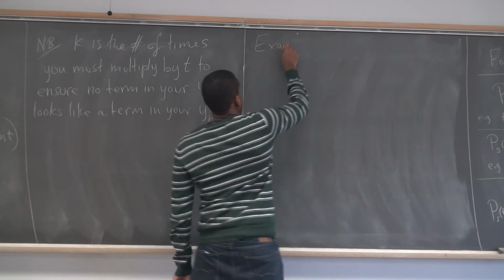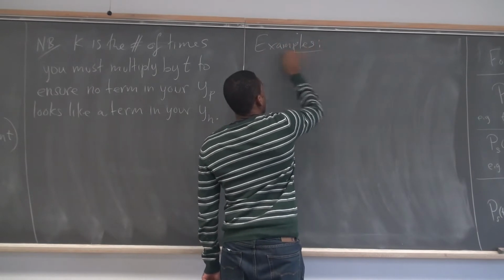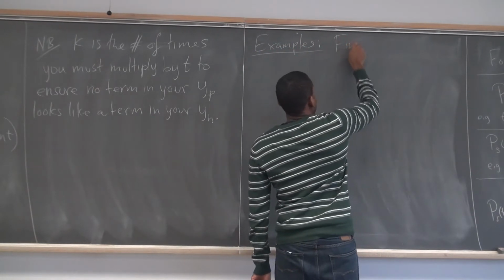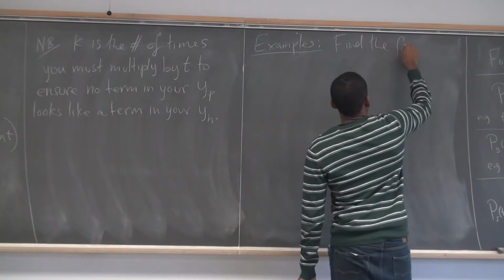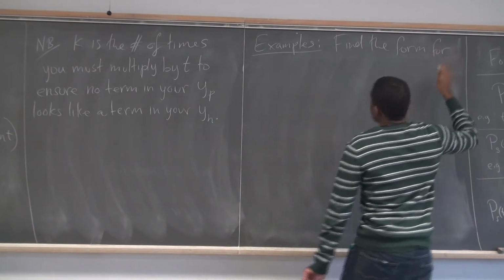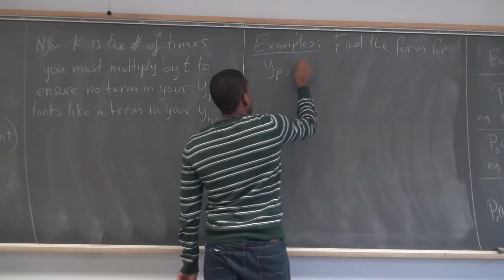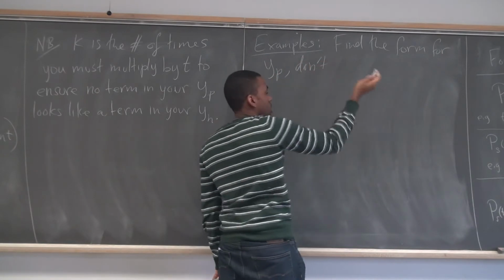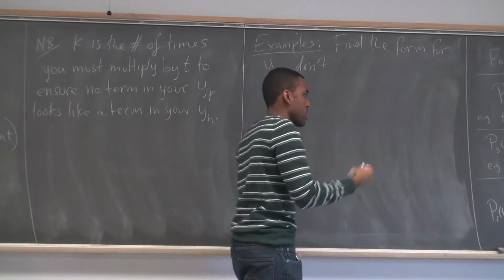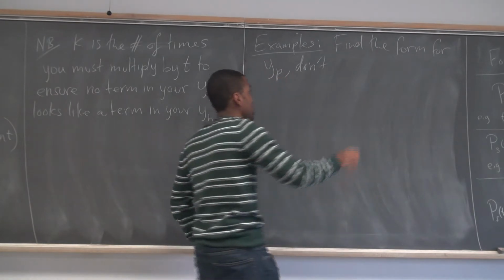Examples. Find the form. At this point, I don't want you to solve for the arbitrary constants just yet. Just try to figure out what the solution would look like in general.